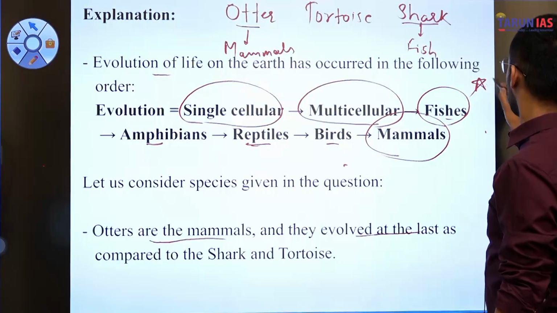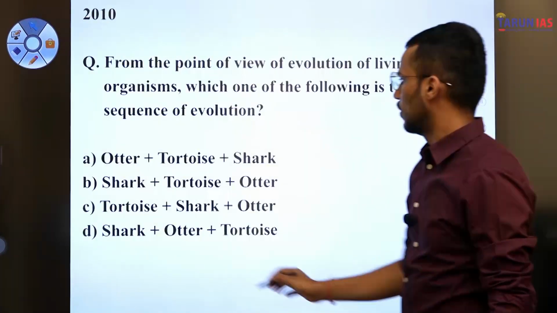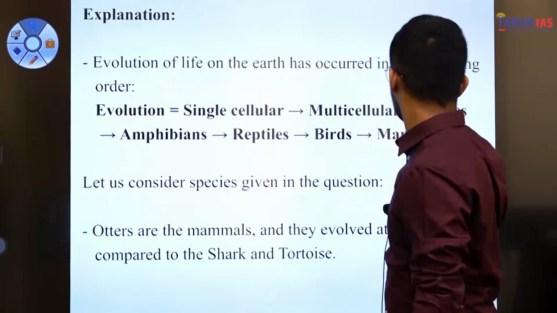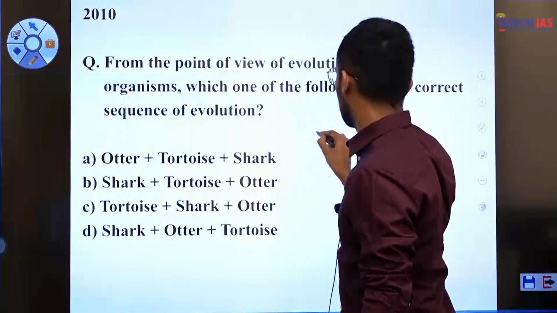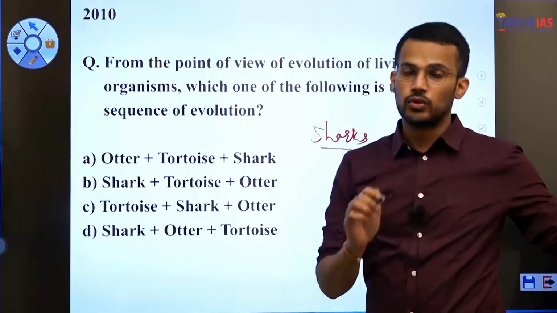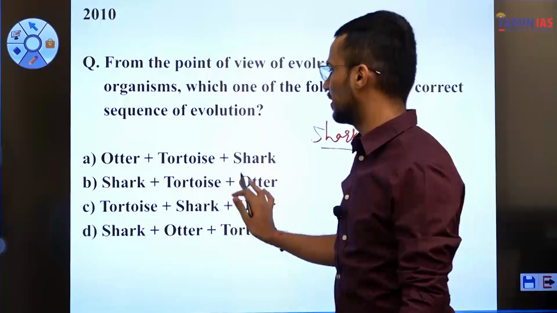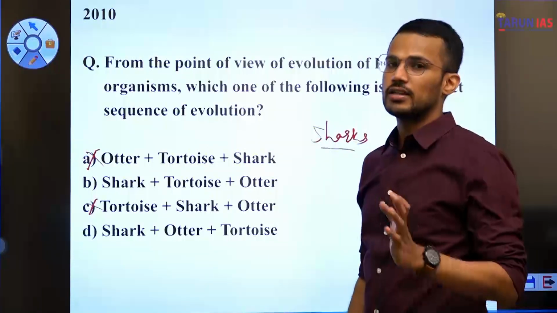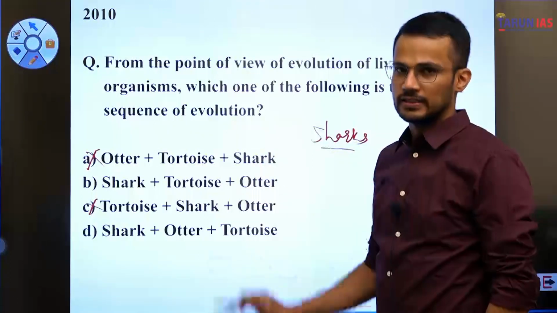So let us consider that you know that sharks evolved at the first instance in the evolution process. So you should eliminate directly those options, because you know that it is shark that has evolved first amongst these three.